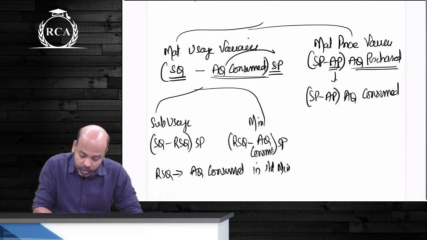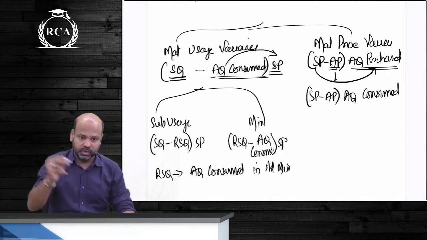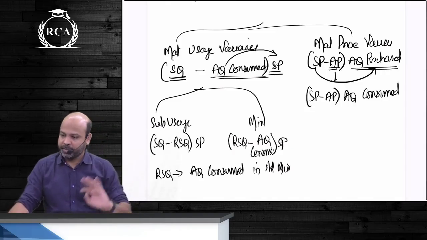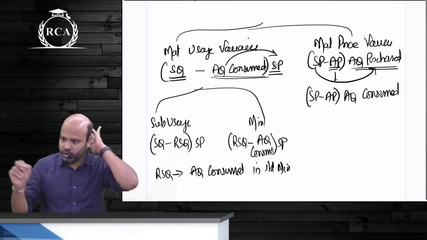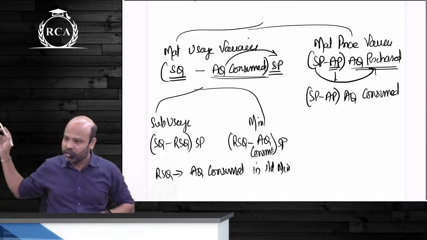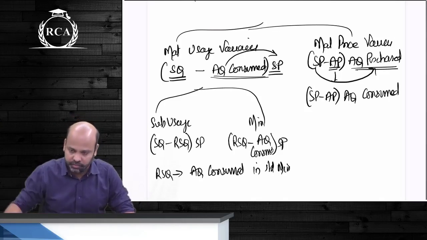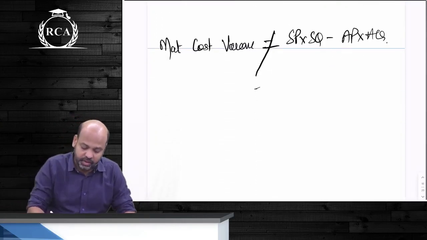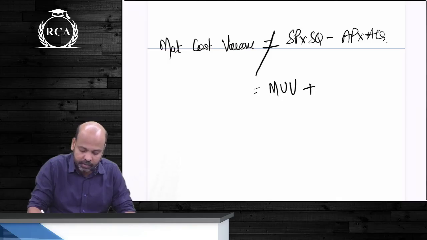The AQ consumed into SP and the AQ purchased will not get struck out. Earlier there was no problem because both of them were AQ consumed only, but now that will not get struck out and you will not be left with SPSQ minus APAQ. So the only way of writing this is MUV plus MPV.